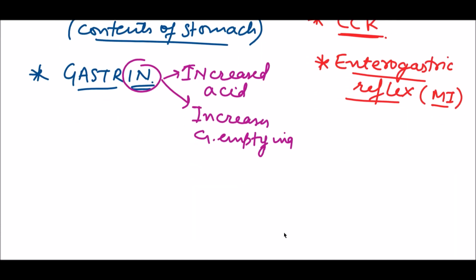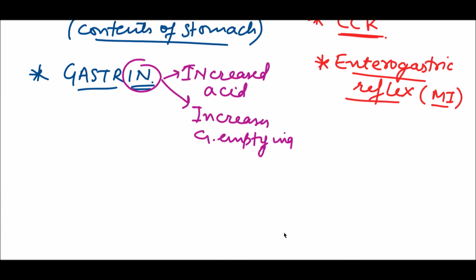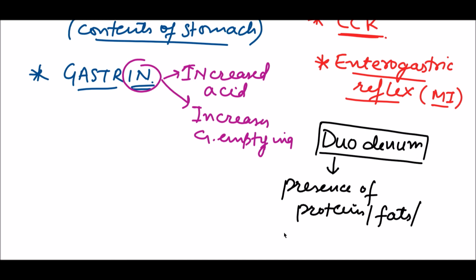Now what is the enterogastric reflex? Let us try to understand. In the duodenum, if there is presence of proteins, fats, or carbohydrates, all these substances cannot be absorbed directly, they need to be digested first.